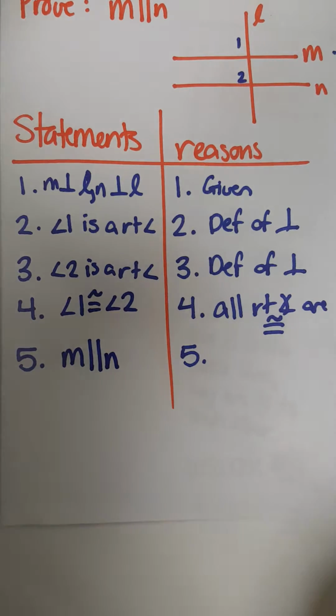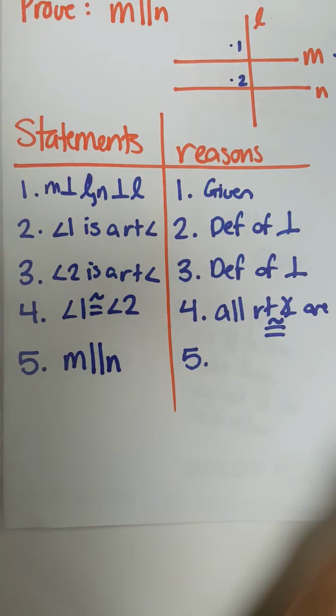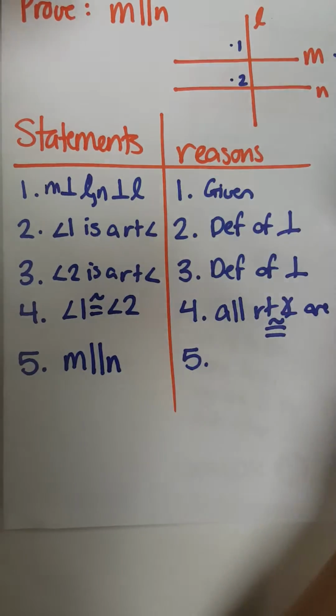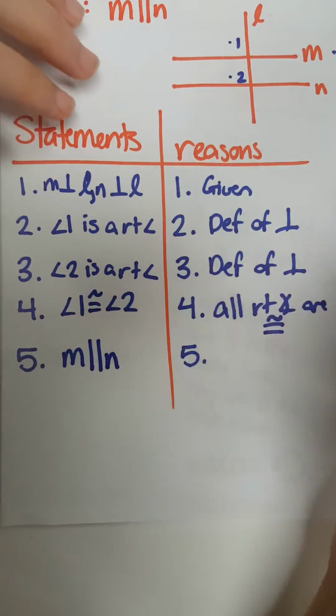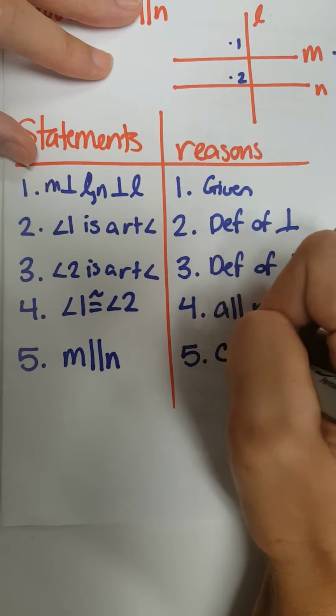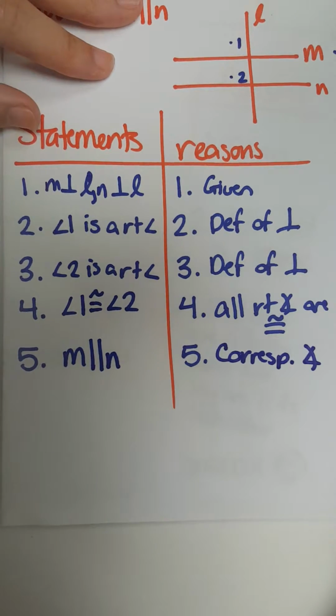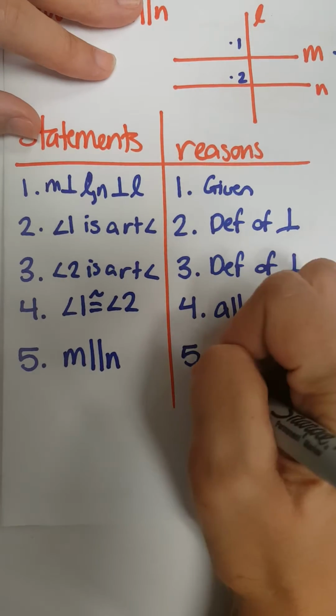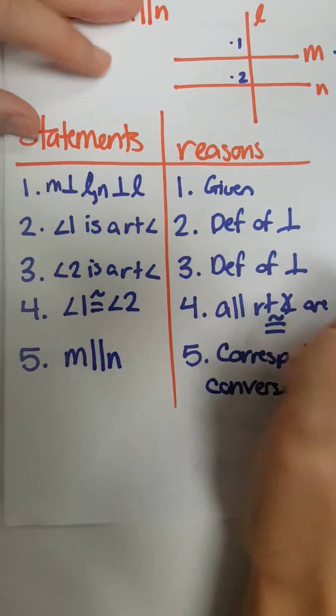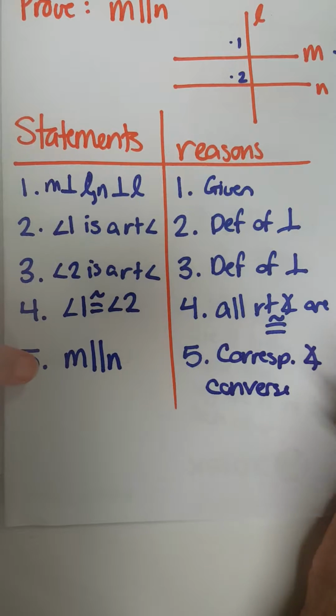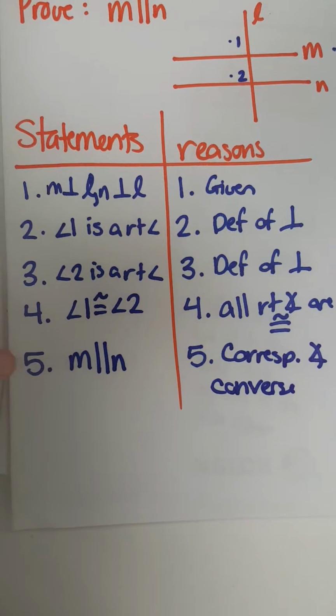Well, the reason is because those are corresponding angles. I chose corresponding angles. I could have chosen other ones and used another theorem, but I chose corresponding angles. So the corresponding angles, converse or theorem? Converse, because we started with the angles being congruent, and we're ending with the lines being parallel.